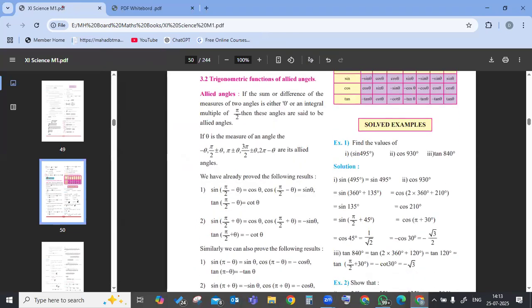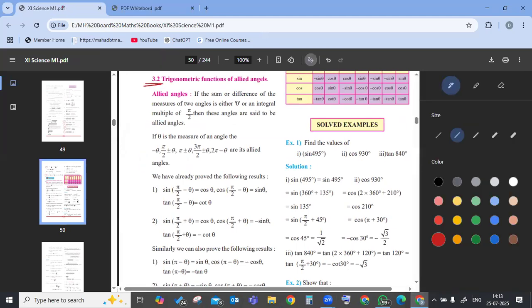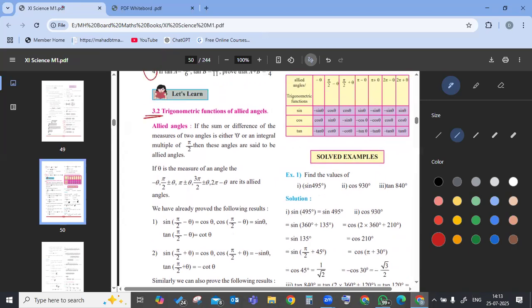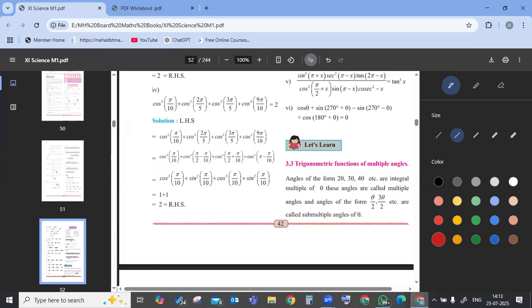Trigonometric functions of allied angles. Now what are allied angles? We have seen this. We know this chart, how to use this chart. So using this chart we will now solve questions.